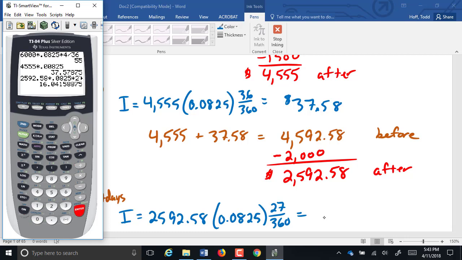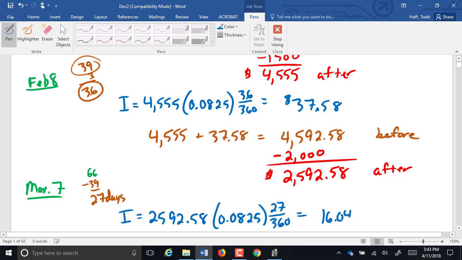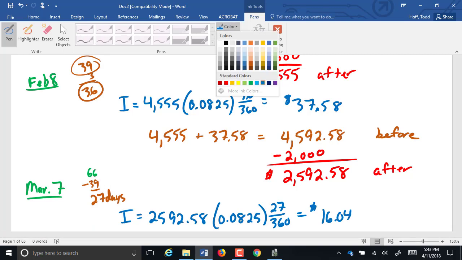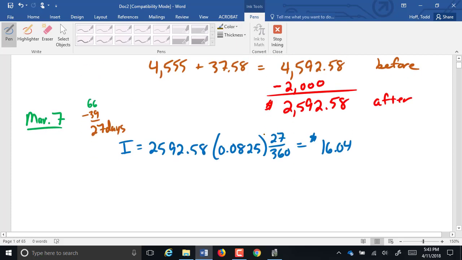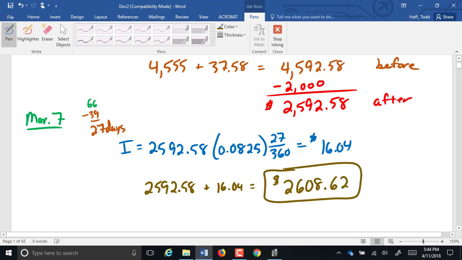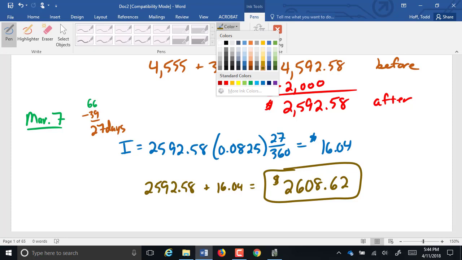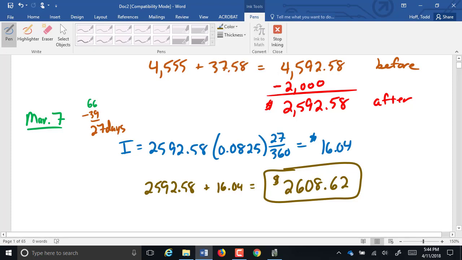Giving us $16.04 in interest. So we'll get a final balance of 2592.58 plus 16.04 equals $2,608.62. That was the balance paid on March 7th.